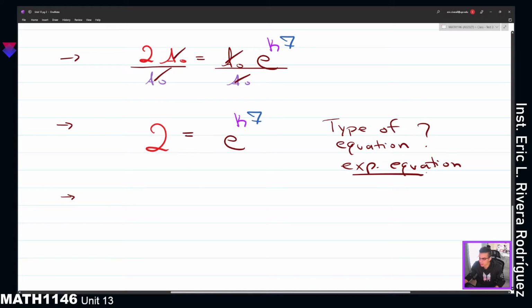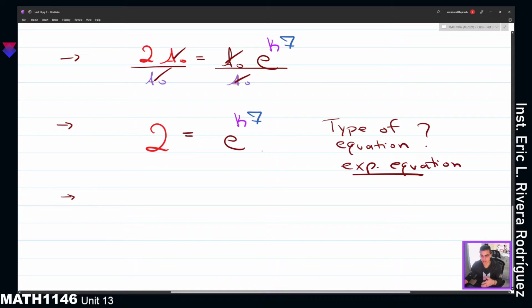Okay, and we just worked with differential equations. We solve exponential equations. The difference here is that now instead of the unknown variable being x, it is k. Let me show you how we are going to solve this. Since the variable is in the exponent, we need to cancel the exponential operation on the exponential function here. To cancel the exponential function, we are going to use its inverse.